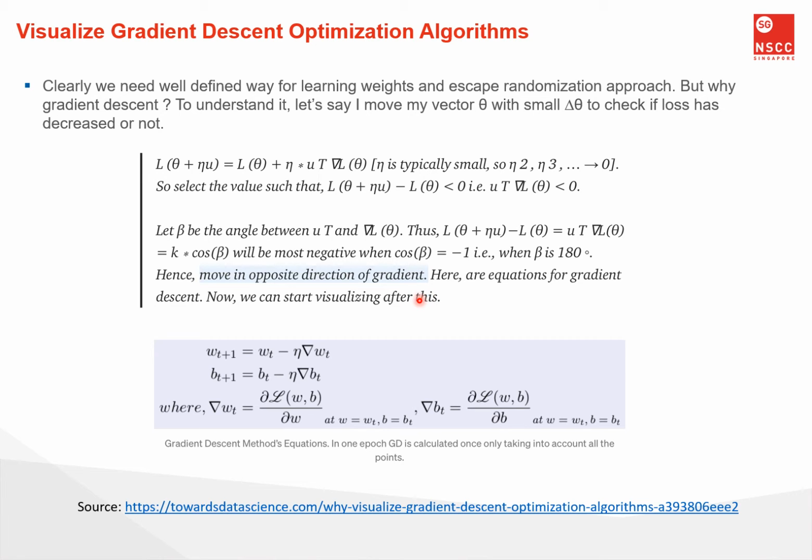If we want to move in the direction where the loss is becoming smaller, we go opposite the gradient, because the gradient will be in the direction of increase in the loss function. If you go uphill, you are following the direction of the gradient, which points towards where the loss function is higher. So if you want to minimize the loss, you should go in the opposite direction of the gradient, towards the lower value. That in essence is the intuition behind gradient descent optimization algorithms.